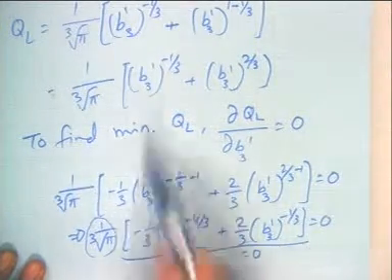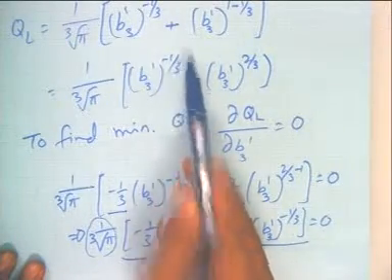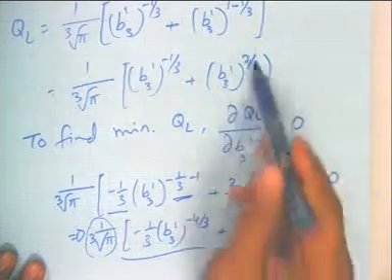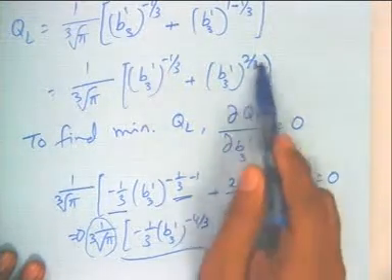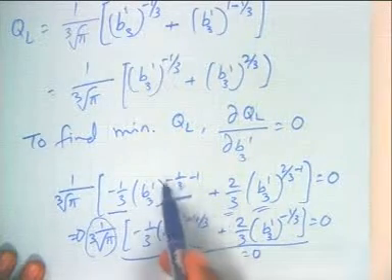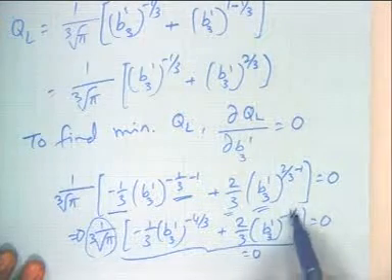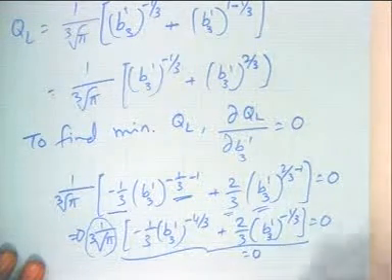Okay. So, here minus 1/3 comes as coefficient, minus 1/3 minus 1 is the differentiation rule, 2/3 here, 2/3 minus 1 is the differentiation rule, and then minus 1/3 minus 1 is minus 4/3, 2/3 minus 1 is minus 1/3.